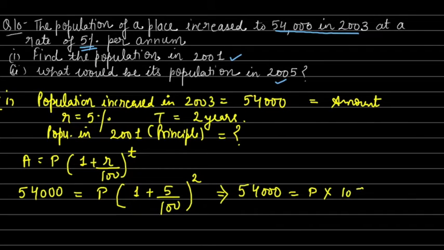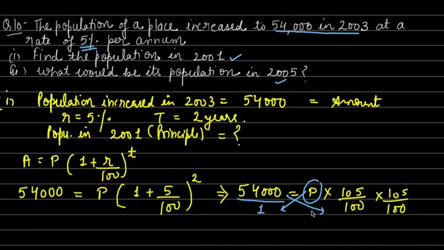So this becomes 105 upon 100 into 105 upon 100. Now we will do cross multiplication. I can assume 1 here. So using cross multiplication your principal becomes how much? 54,000 into 100 into 100 in the numerator, and in the denominator it will be 105 and 105.